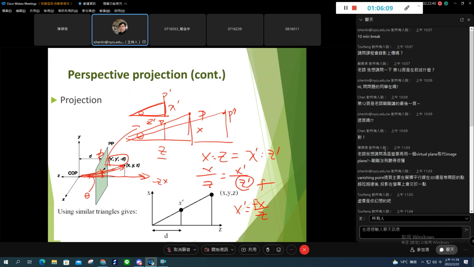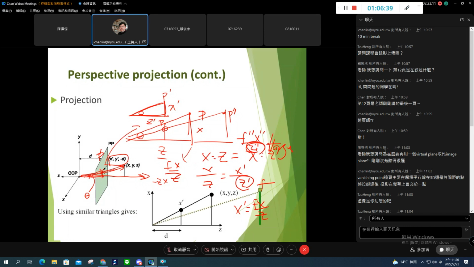For instance, this one is f x divided by z. However, this one is f x divided by z double prime, because their z is larger. So the projected height will be shorter. Right? So that is the main idea.